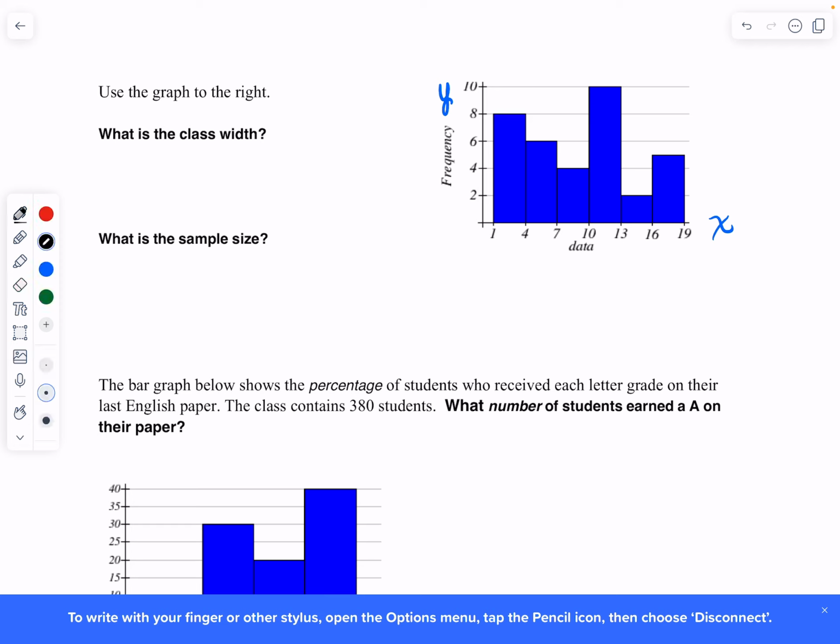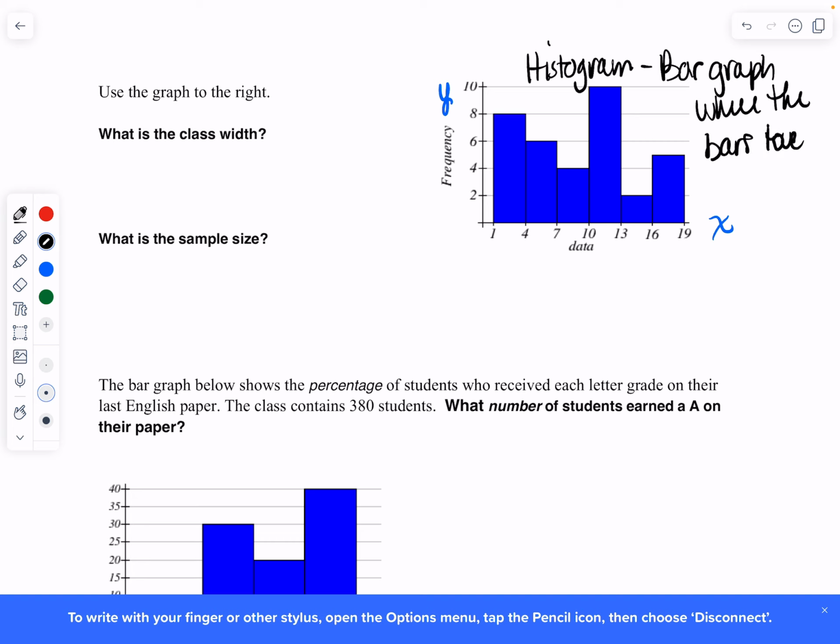So let's get some verbiage done here. A histogram is a bar graph where the bars touch. Okay, so I'm going to rewrite that word touch because that looks messy. So let me fix that for you.